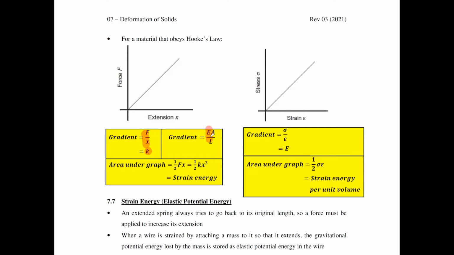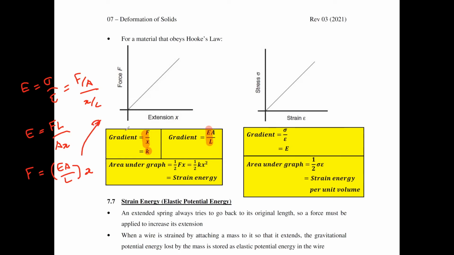The gradient is actually also equal to EA over L. Because you see just now we derived the equation stress over strain is force over area times x over L. So E is FL over Ax. Sorry, this one I wrote as E, right? Okay, never mind. I maintain it as this now. So F is actually EA over L times x. Okay.